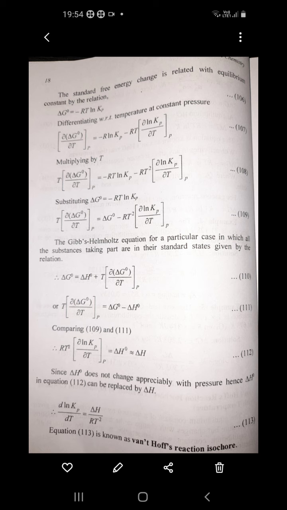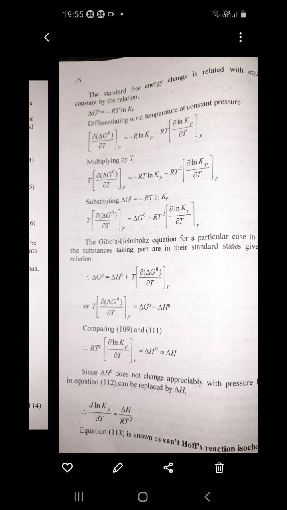Equation 110 is coming from the Gibbs-Helmholtz equation. Now if you rearrange equation 110, then you will get equation number 111, that is T in bracket d delta G0 upon dT at constant pressure P is equal to delta G0 minus delta H0.